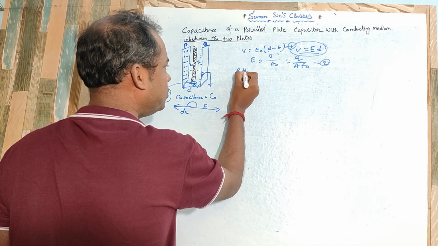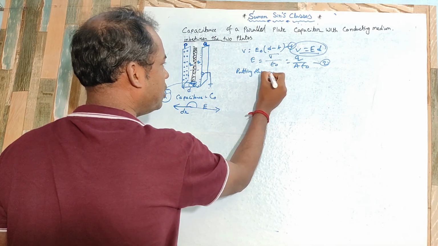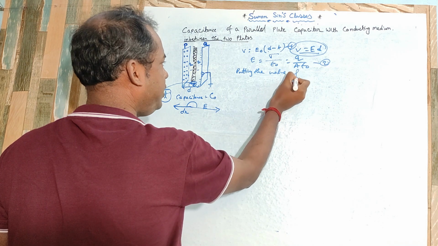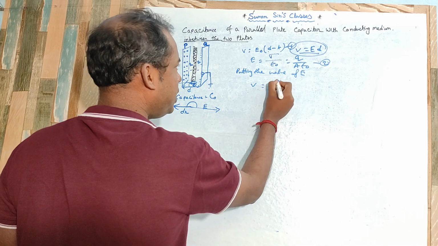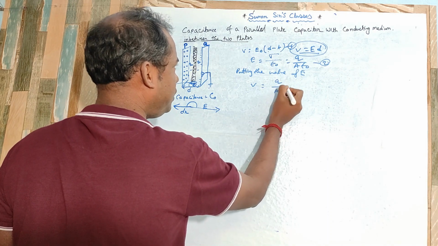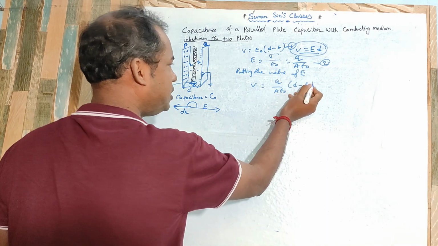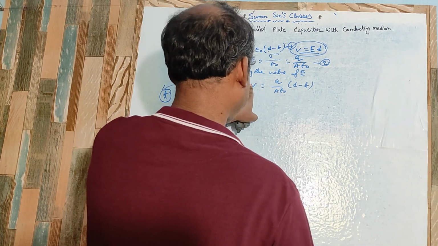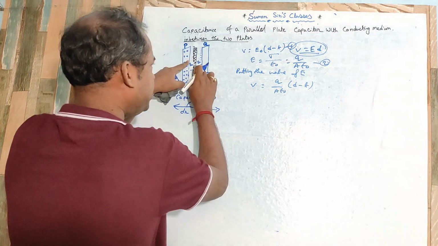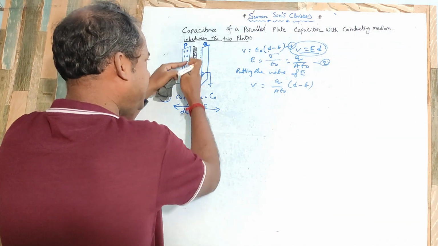Putting the value of E in the first equation, we write V equals Q by A epsilon naught into D minus T. This is the value of the total potential within the medium, excluding the conducting plate.